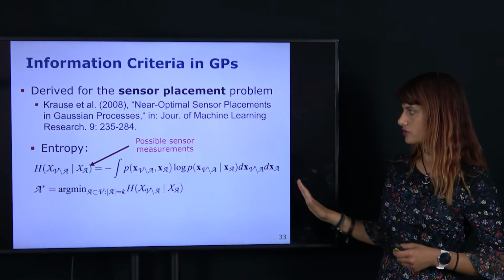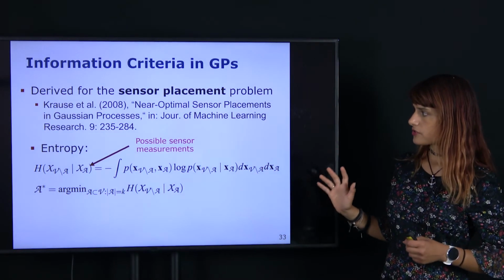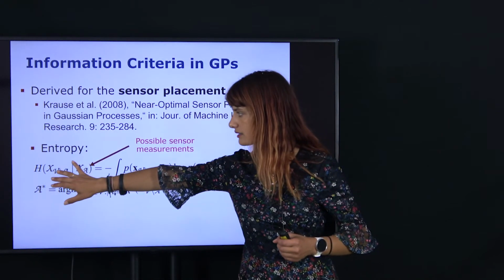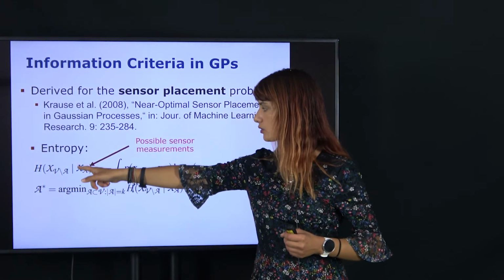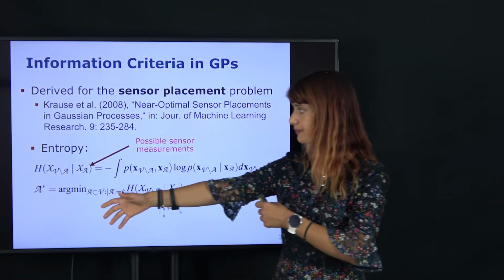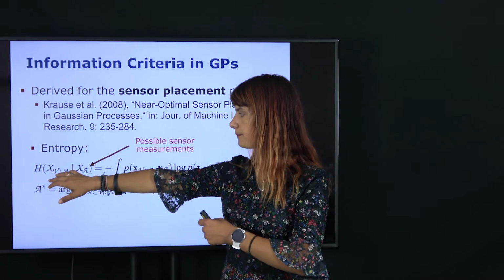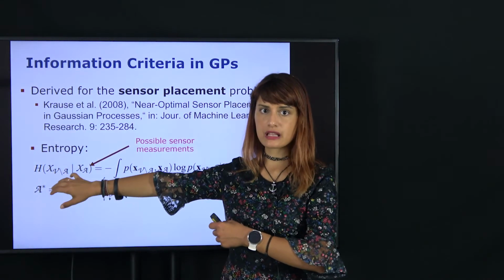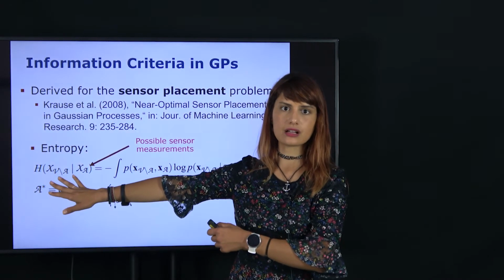Without going too much into detail in the equation pulled from the paper, what's important to understand here is that we calculate the conditional entropy of a set of locations where we could potentially place our sensors. And we use this to condition the entropy of all the other locations that we have not placed the sensor at.